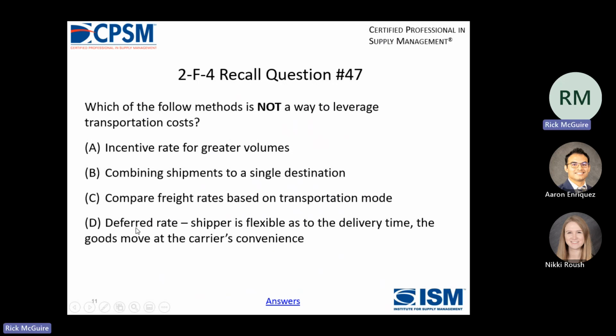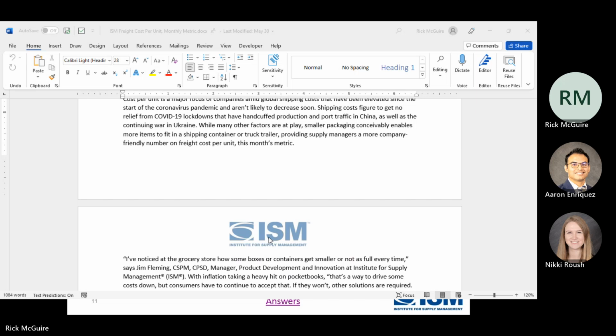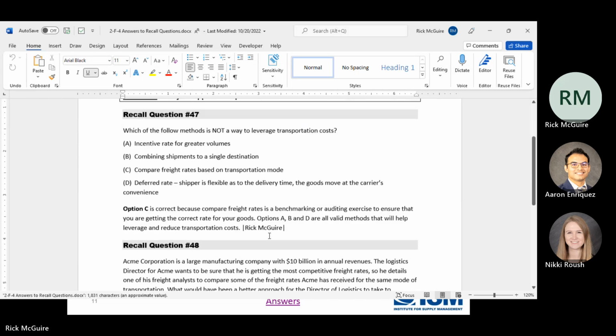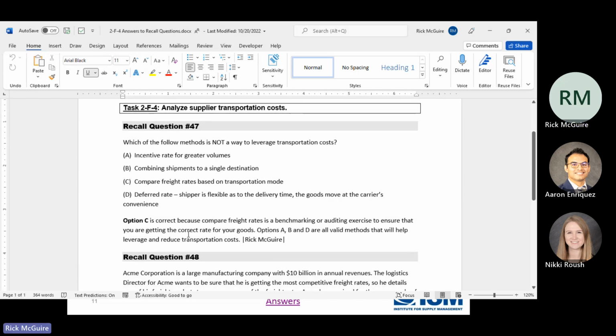It's got to be D. Usually the longest answer is correct, but in this case, this isn't going to help you leverage shipping costs at all. It's C. C is correct because compare freight rates is a benchmarking or auditing exercise to ensure that you're getting the correct rate for your goods. The others are all valid methods that help leverage and reduce transportation costs. Okay.